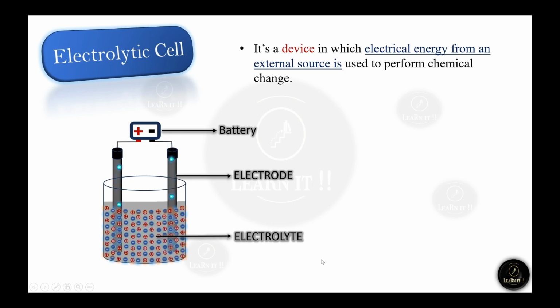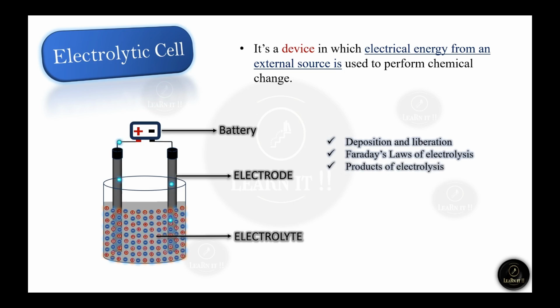So with respect to electrode, we are going to discuss about three main aspects. First one is deposition and liberation. Second one is Faraday's laws of electrolysis. Third one is products of electrolysis. Here we use some chemicals and we are going to analyze what products we are going to get at electrodes.